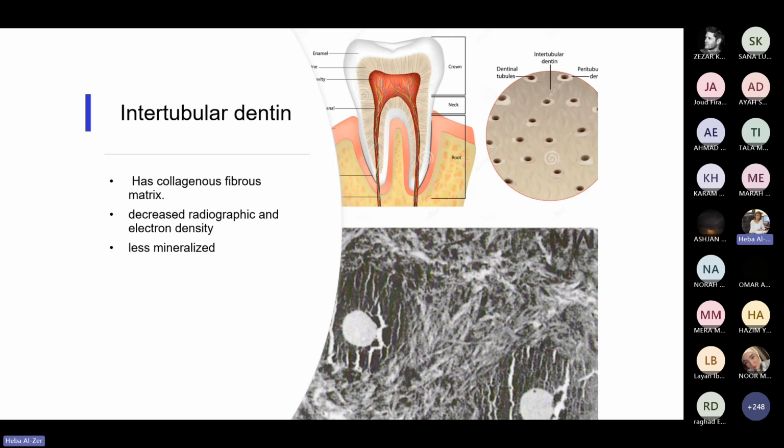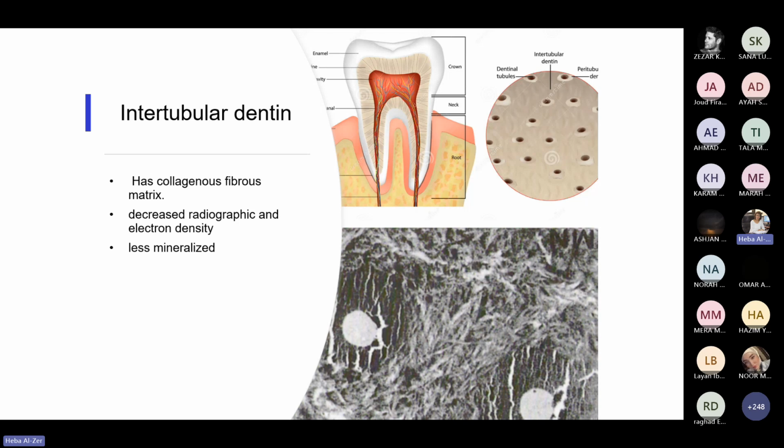So we discussed the dentinal tubules with all of its contents. The other component of the dentine is the intertubular dentine, the one here between the tubules. It has a collagenous fibrous matrix, as you can see here. It's like woven wool, a lot of collagen fibers woven together.